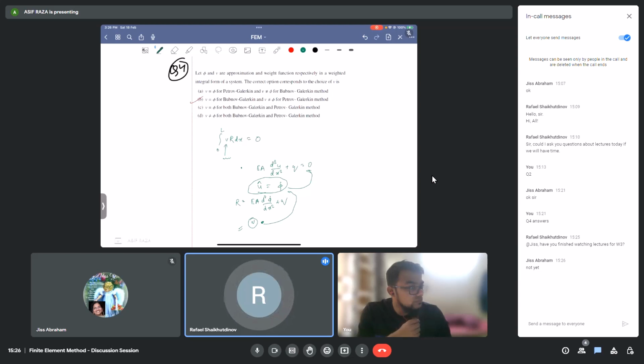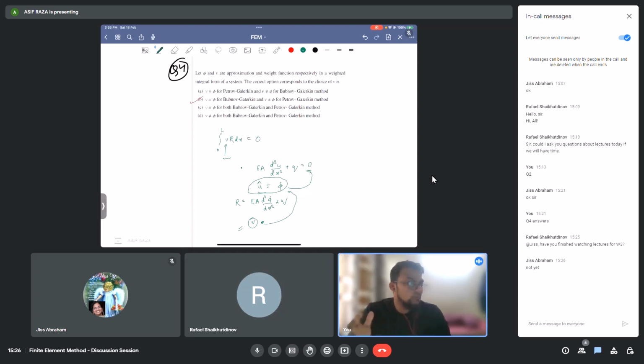I wanted to ask about boundary conditions. v is like a variation, so should v be zero on the boundaries, or on the essential boundaries?